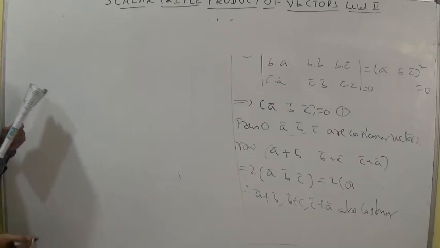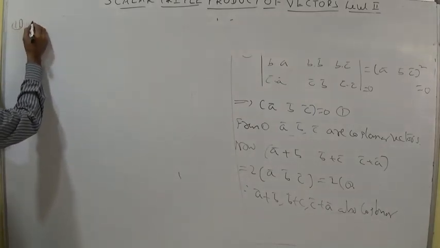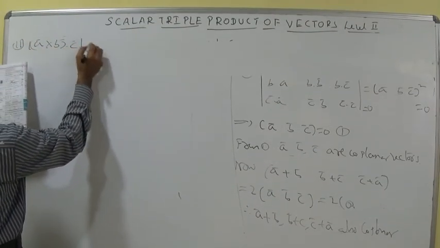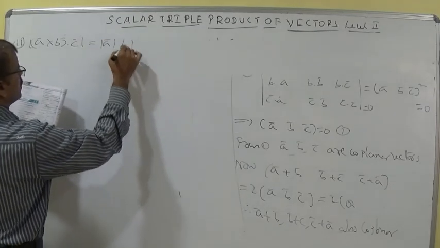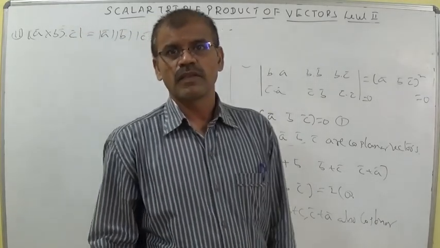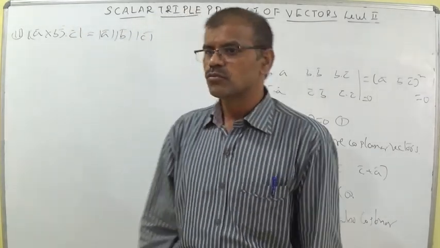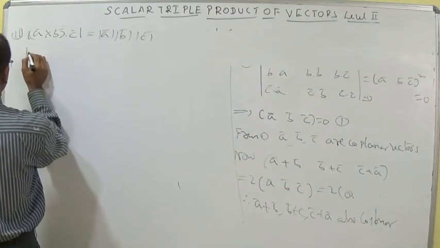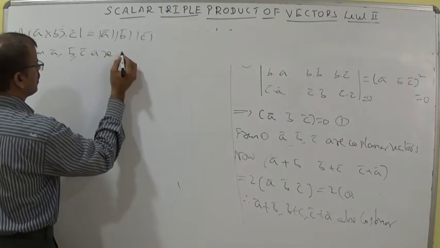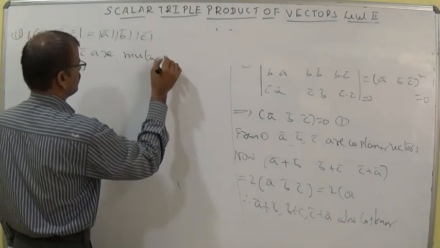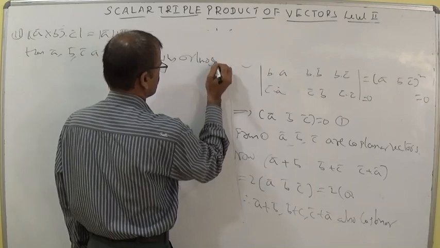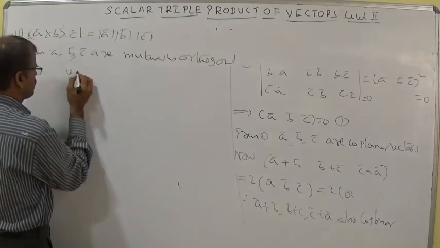Today in the first question we discussed it, and in concept also we discussed that whenever the vector A bar cross B bar dot C bar is equal to mod A into mod B into mod C, then A bar, B bar, C bar are said to be mutually orthogonal, that is, mutually perpendicular vectors.